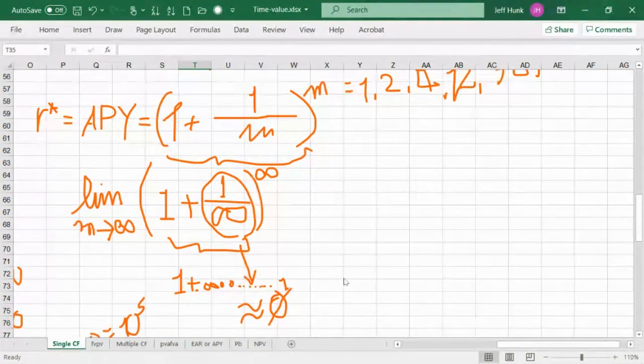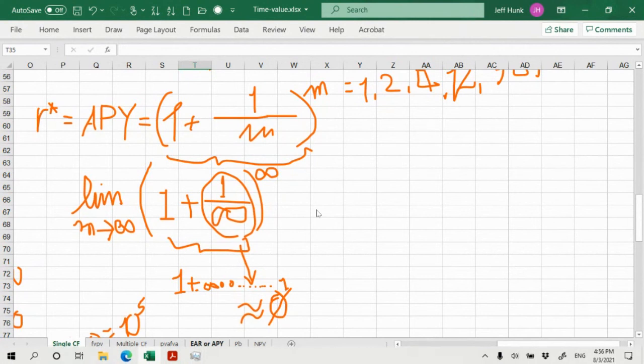So don't you think this is a very interesting question? You are raising something slightly greater than 1 to infinity. What's it going to be? Will it be a huge number, an infinitely large number? No, it's not going to be infinitely large. It's got a limit.